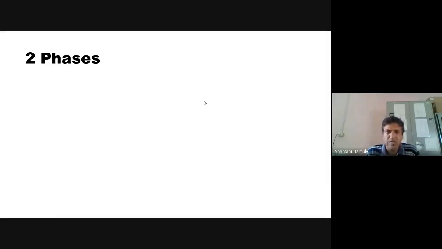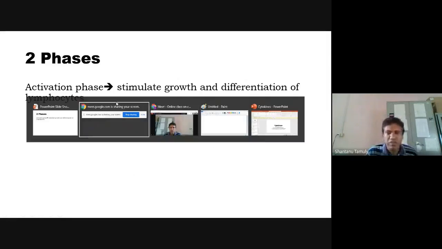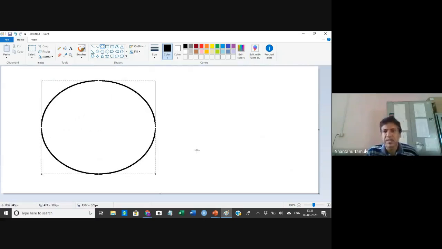There are two phases in which they act. The first phase is called the activation phase. In this phase, they stimulate growth and differentiation of lymphocytes. That means, say this is a cell, a kind of B cell.